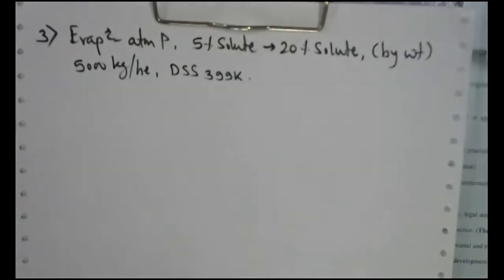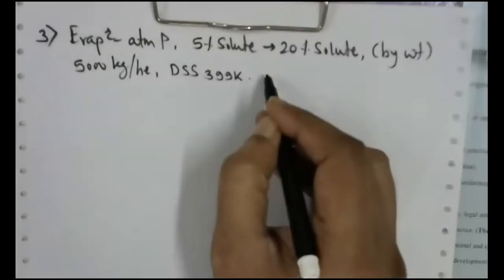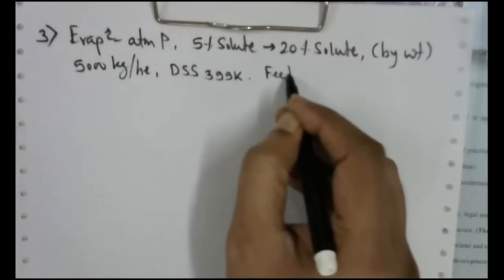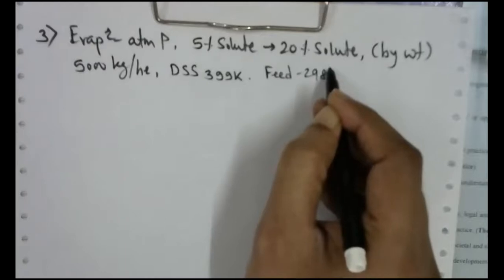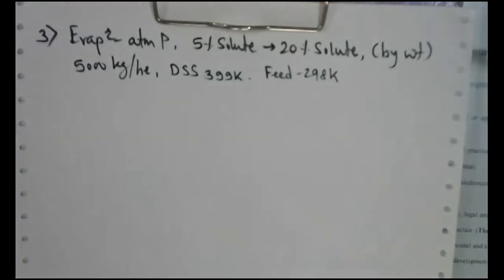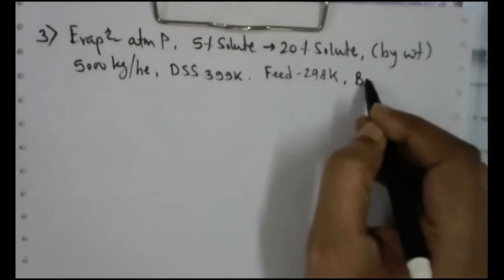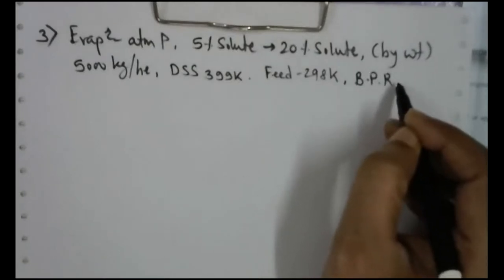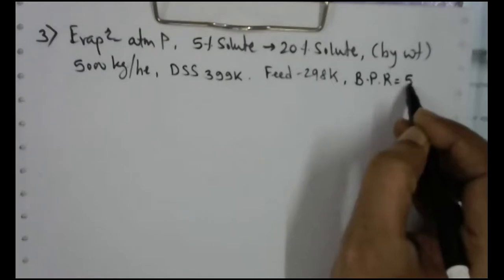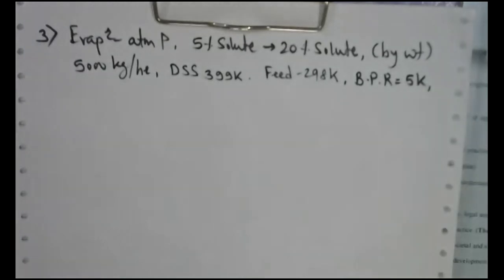The feed is at 298 Kelvin. That is, the weak liquor is feeding at this temperature, approximately 25 degrees Celsius, normal room temperature. And the boiling point rise, or boiling point elevation, is given as 5 Kelvin.